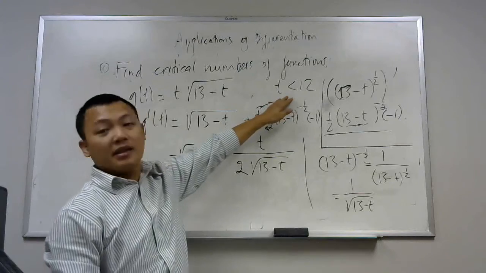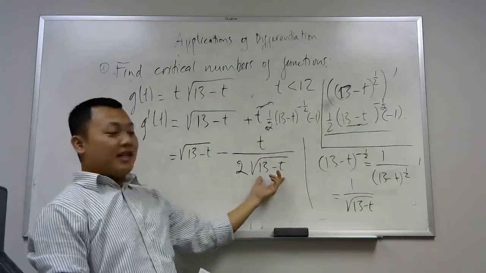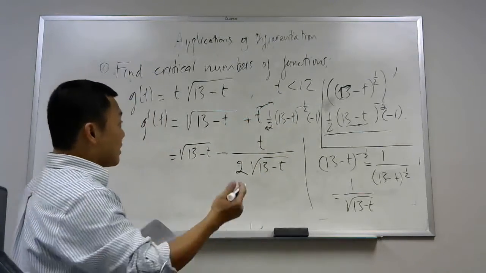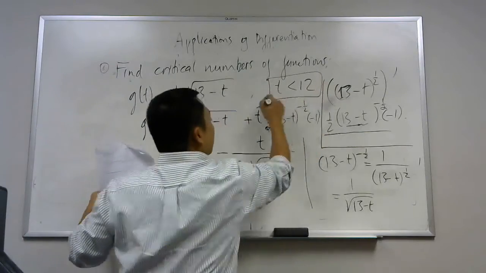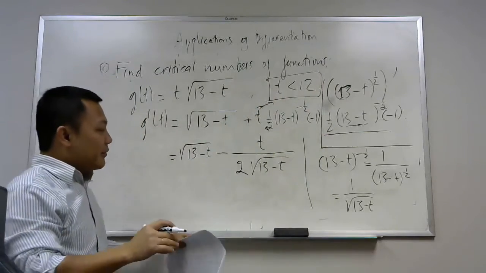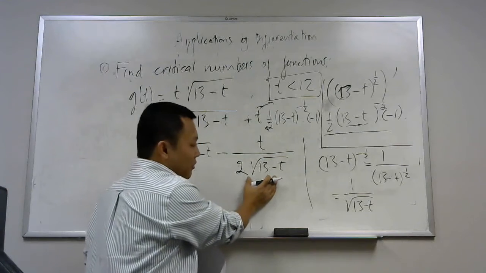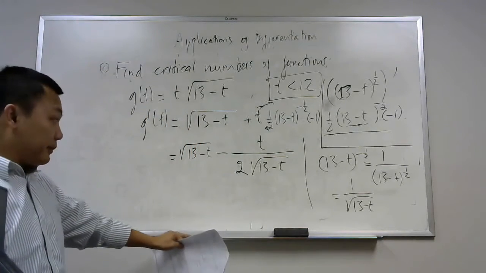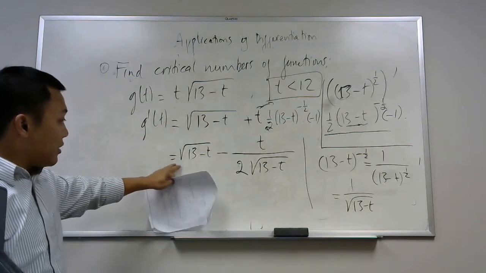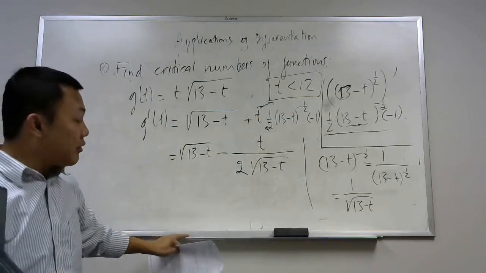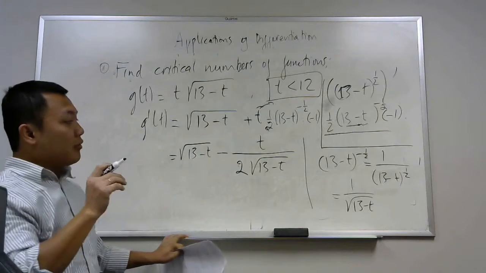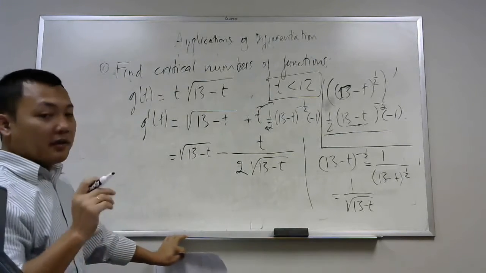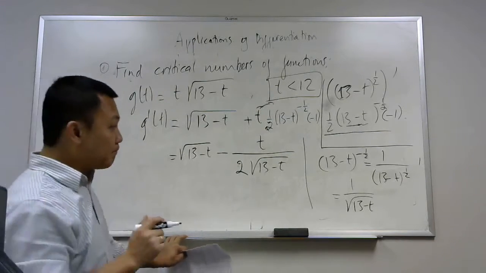We consider t less than 12, so everything is okay with this function. Since t is less than 12, this function is also well defined. We are good. We don't have the second case happen, which means the first derivative is defined everywhere. So we have only one case to consider, when the first derivative equals 0.